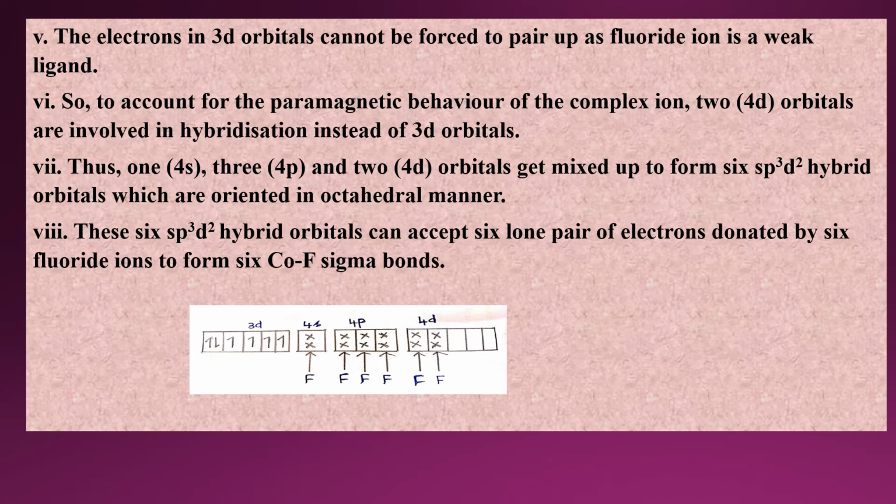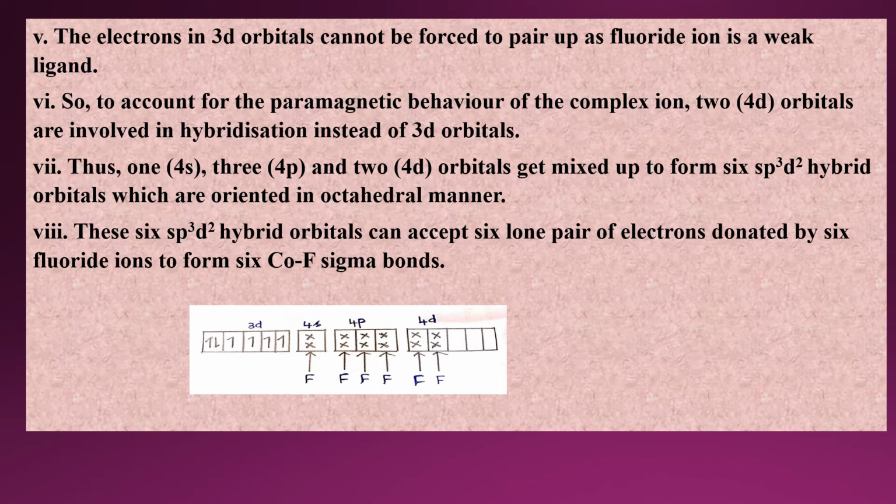Don't forget to mention this. So one 4s, three 4p and two 4d orbitals get mixed up to form 6 sp3d2 hybrid orbitals. It's not d2sp3, students. Notice this point carefully. These 6 sp3d2 hybrid orbitals are oriented in an octahedral manner.